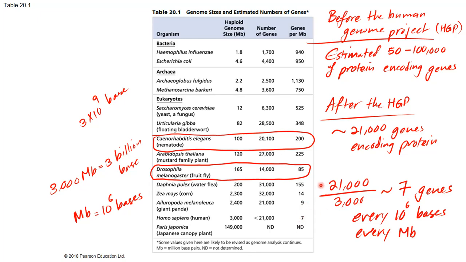As you can see, in general, bacteria and archaea have a higher gene density. The gene density in mammals, like humans, is less compared to other eukaryotes or even prokaryotes. Prokaryotes have a higher gene density because there are no introns in prokaryotes, and genes are parts of operons, for example.